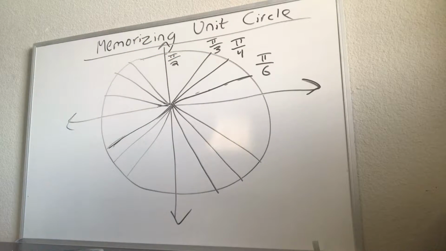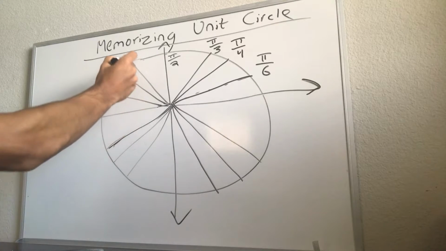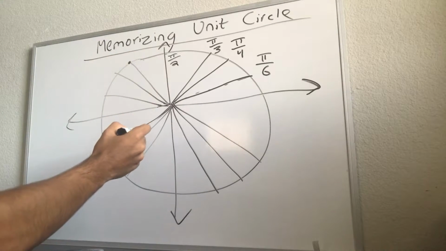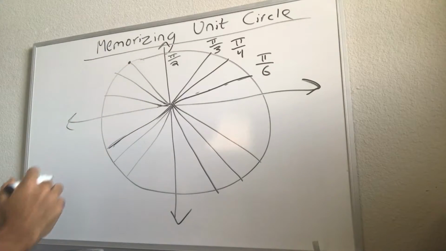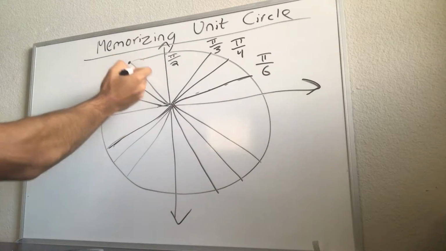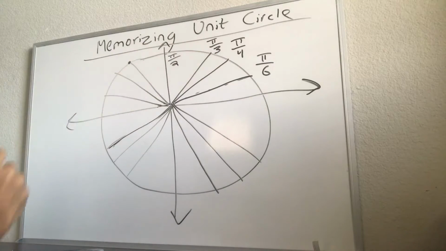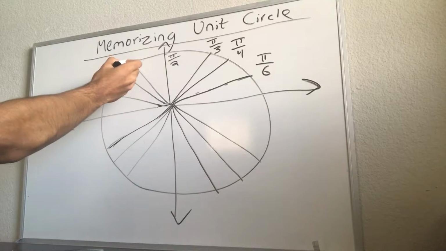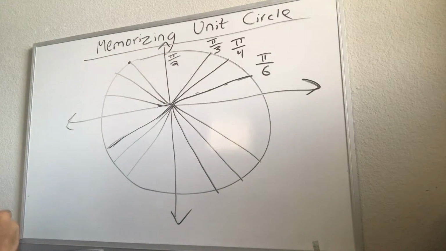But how exactly do we determine, and how can we know by heart, that 5 pi over 6 is in quadrant 2? So what I tend to do here is, let's look at this angle here. You should always think, which of these reference angles does this angle correspond to?